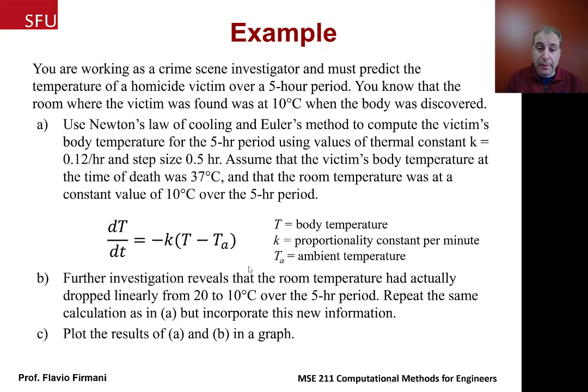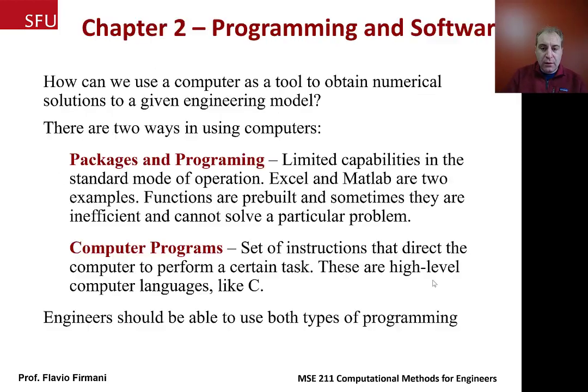So once you know the temperature of the body, then we're going to create a simulation that will define when that victim was killed. So we're going to employ this equation, which is Newton's law of cooling, and we're going to use Euler's method to evaluate the equation, and from there we're going to determine when the homicide happened.